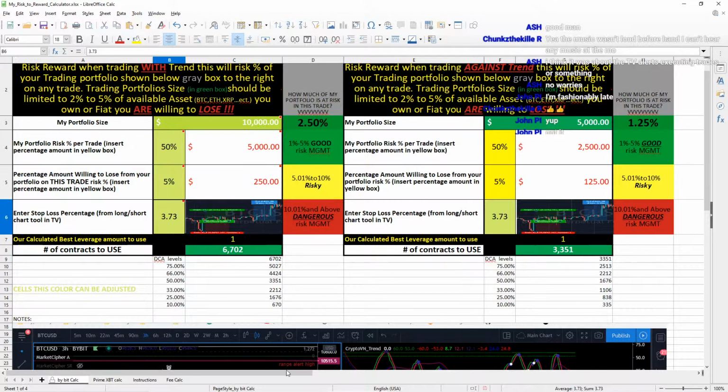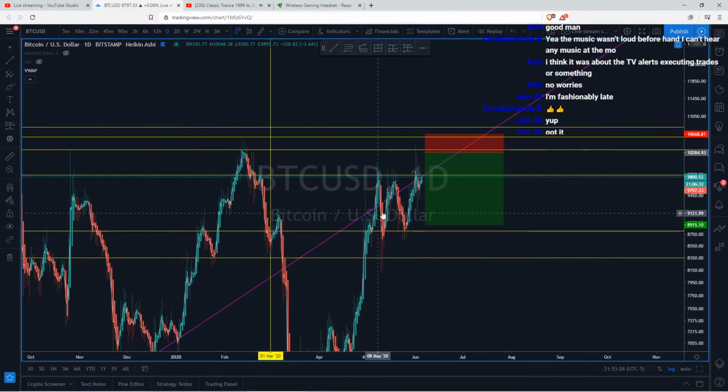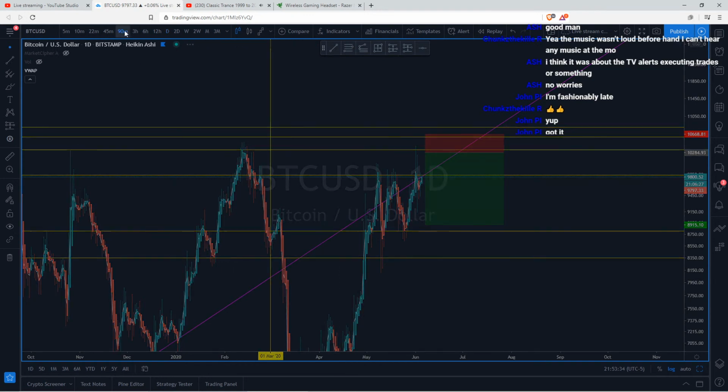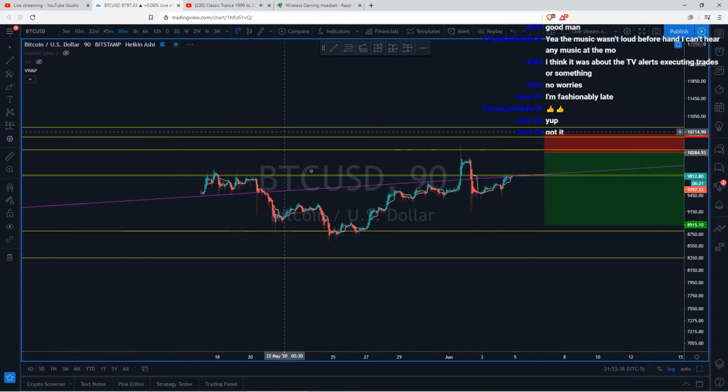Okay, so I'm going to go back out to the chart, and we'll look at, say, a long. Let's go down into a smaller time frame, and you can see how this can really benefit you on some trades.